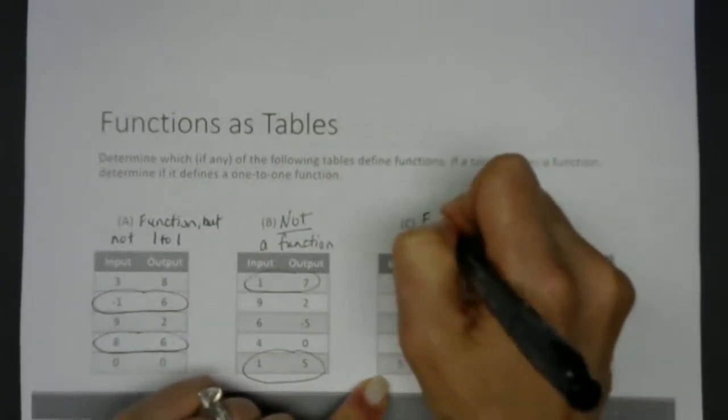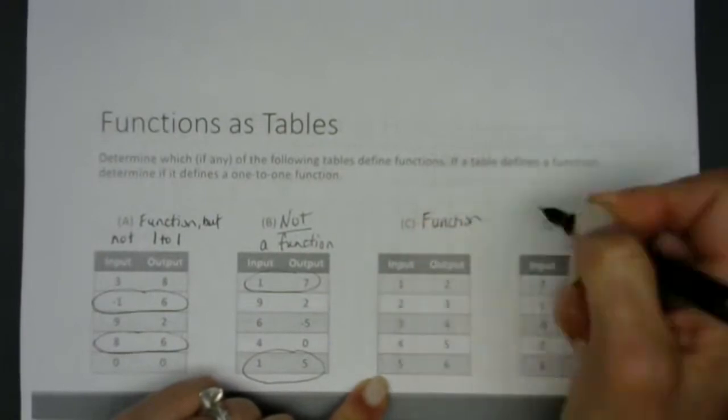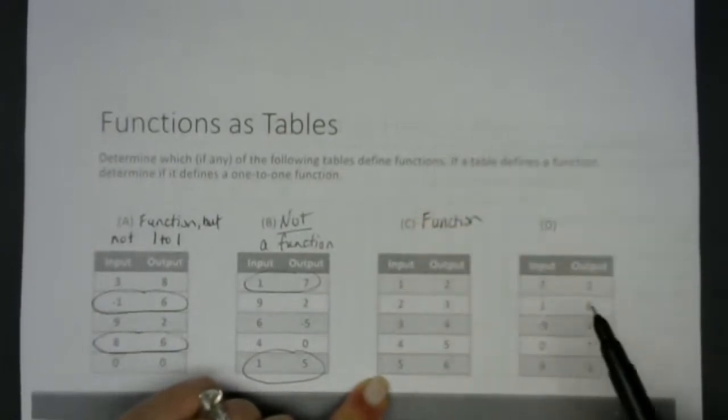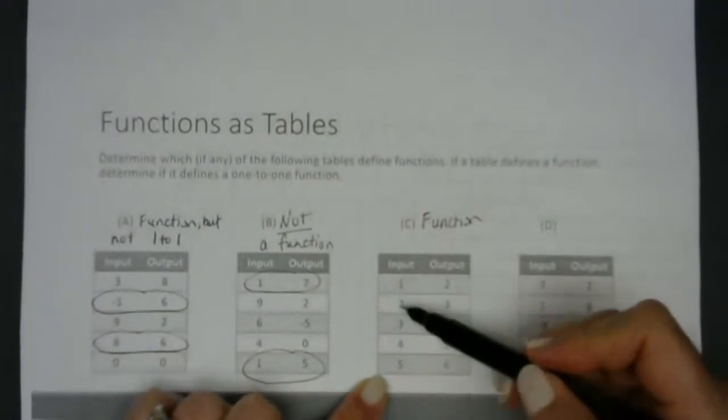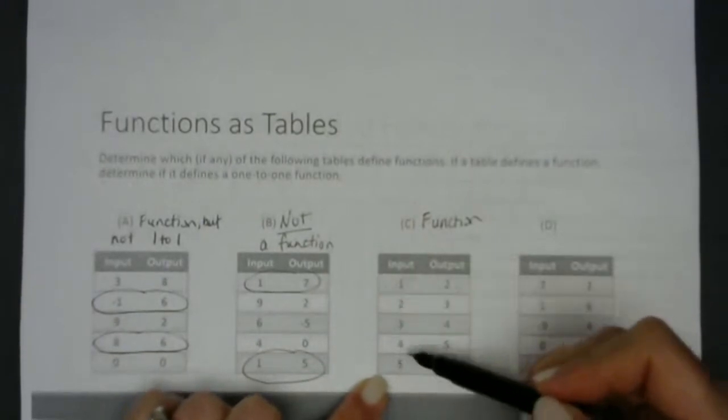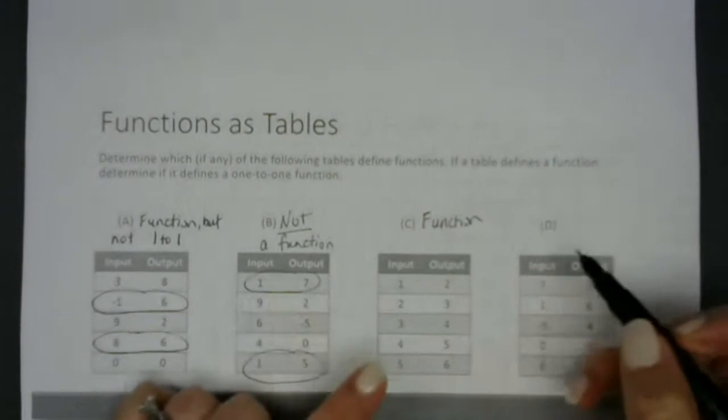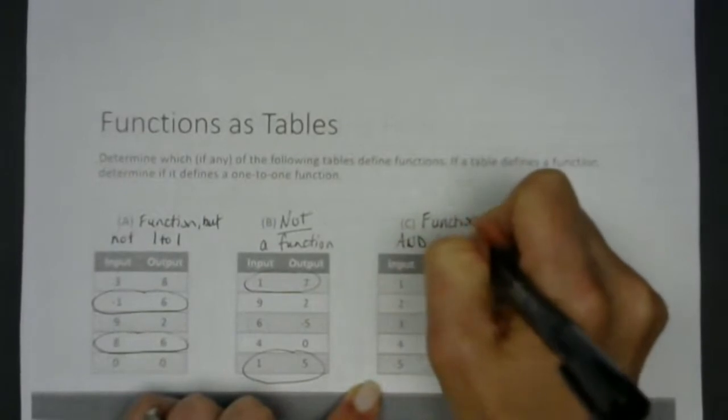Is it one-to-one? Let's see. Is there any situation where 2 different inputs resulted in the same output? No, there isn't. So this is a function, and this function is one-to-one.